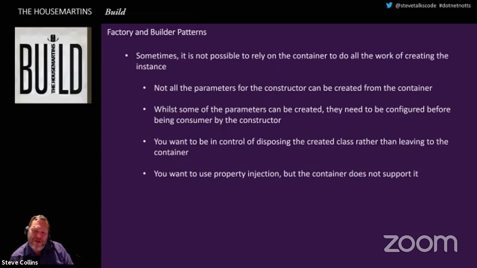Factory and builder patterns. Again, these are sort of part of the gang of 4. Sometimes it's not possible to completely rely on the container to do all the work of creating the instance for you. There may be several reasons. It might be that the parameters for the constructor on your implementation just cannot be resolved from a container.